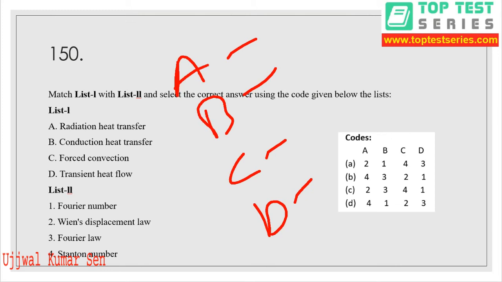Then we look at the matching answer. Whichever one I am really familiar with, I have to match the answer. So let me share with you what we can do. That is very important.